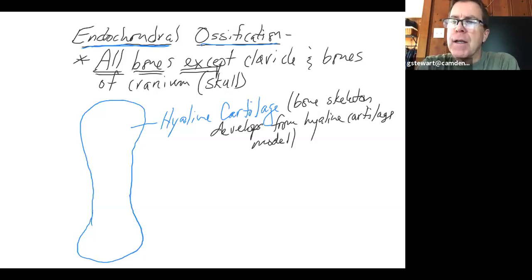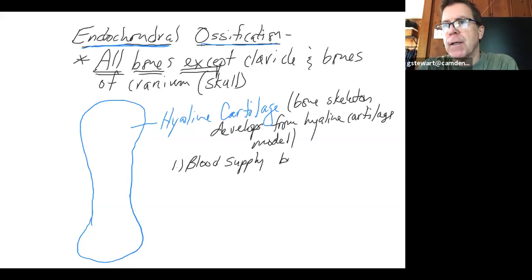There are certain ingredients we need for ossification to occur. And this is basically what we need. We need a blood supply that brings nutrition and calcium to the area.